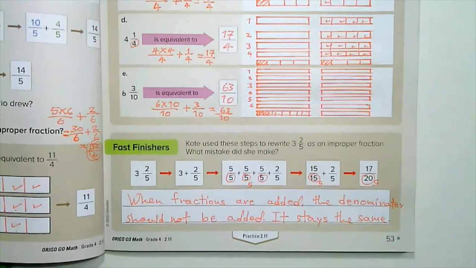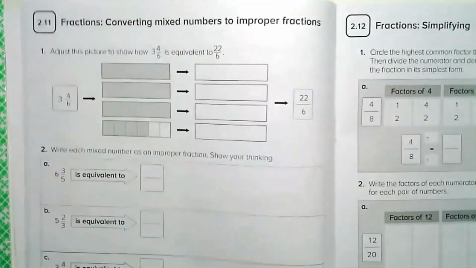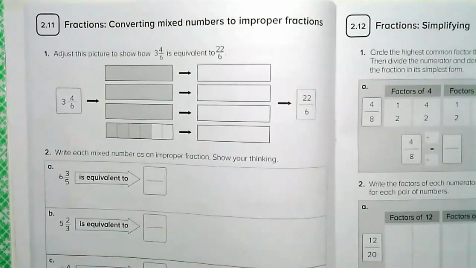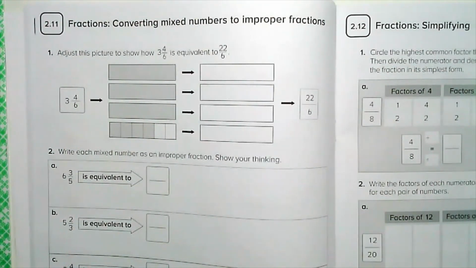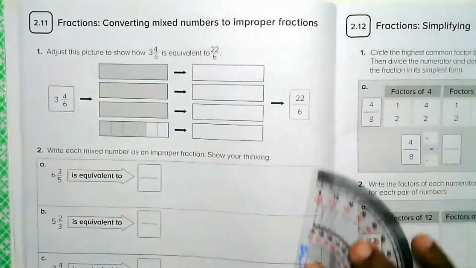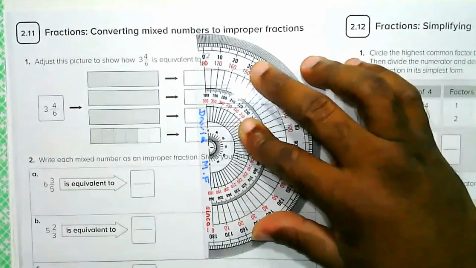Now let's go on to practice 2.11. Number 1, adjust this picture to show how 3 4/6 is equivalent to 22/6. So all we have to do is split this into 6.